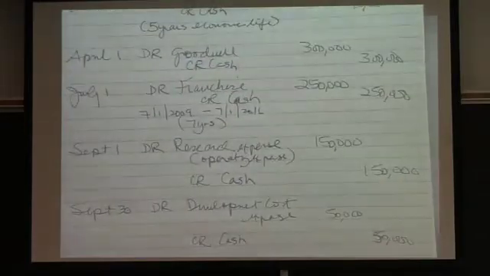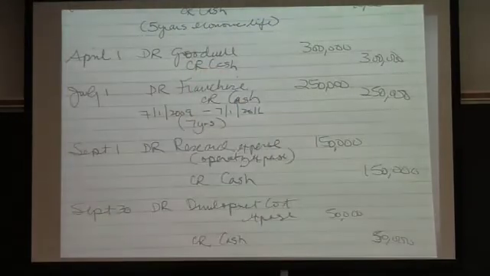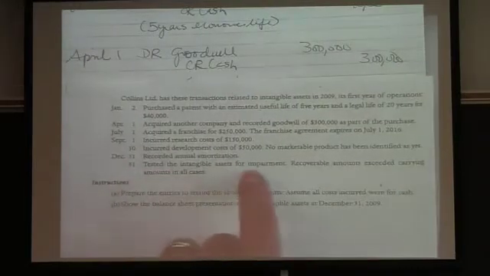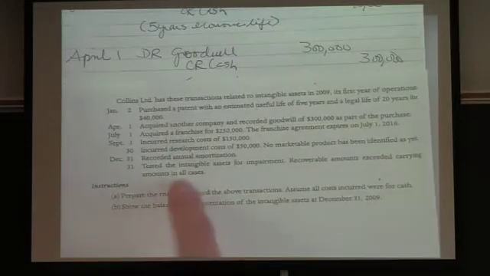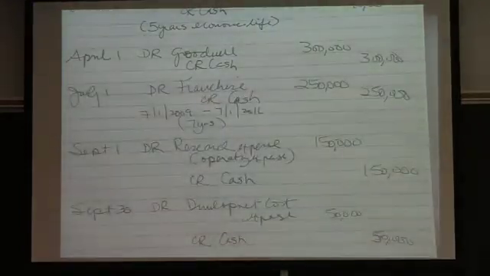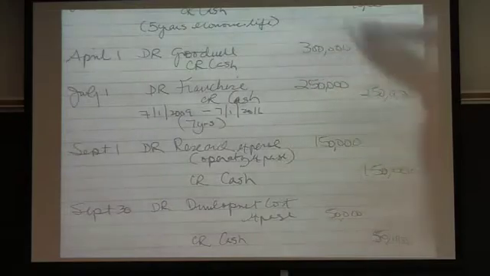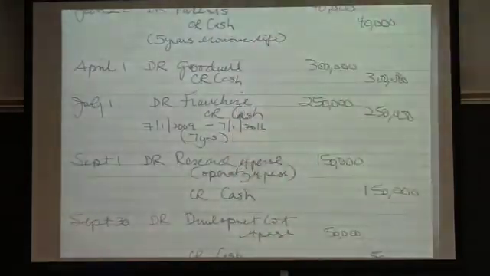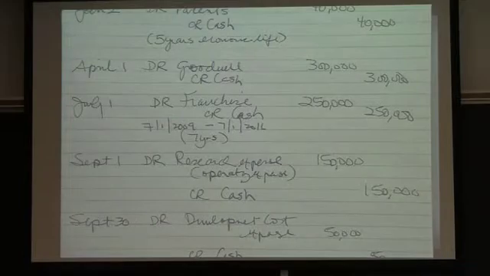Goodwill is not an amortized asset. Goodwill is only tested for impairment. So, given the fact that if you look at the second transaction, this is tested the intangible assets for impairment, recoverable amount exceeds the carrying amount in all cases. Goodwill is not an asset that we amortize because it's difficult to determine and allocate the period of benefit and to what extent the benefit is for a particular year.